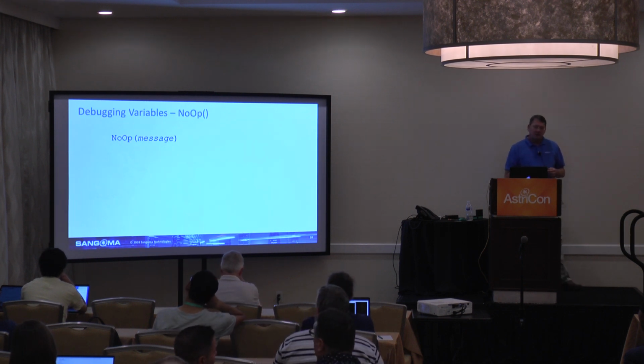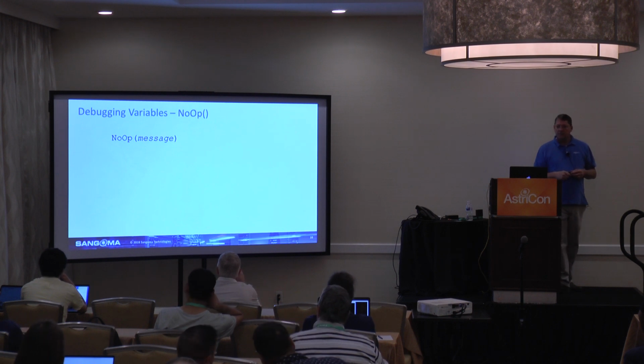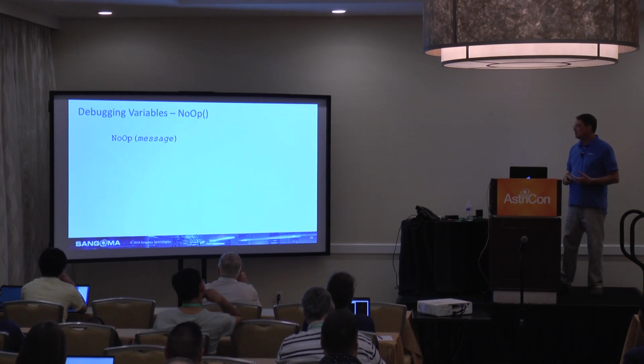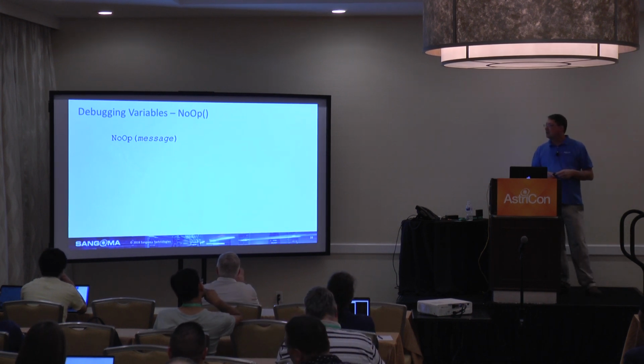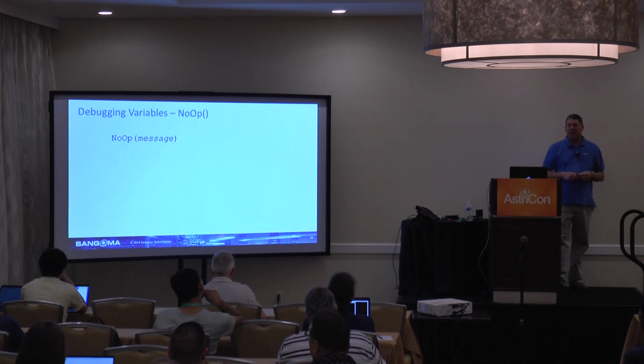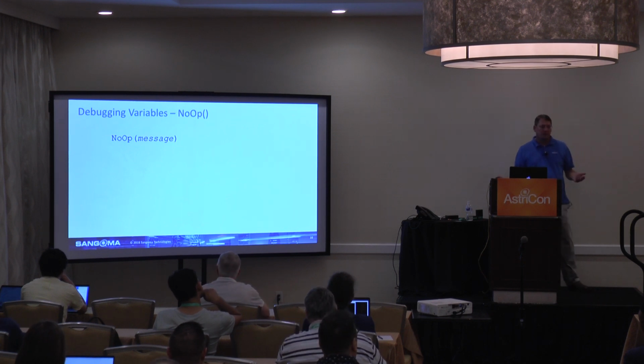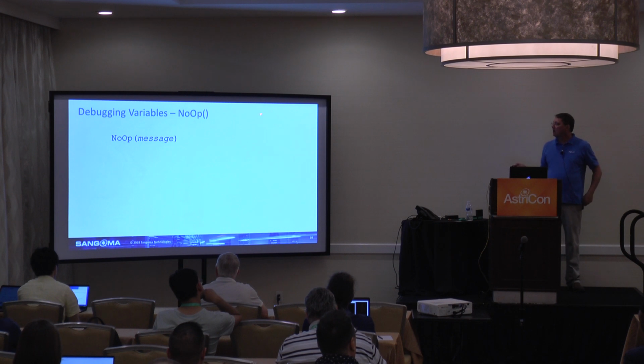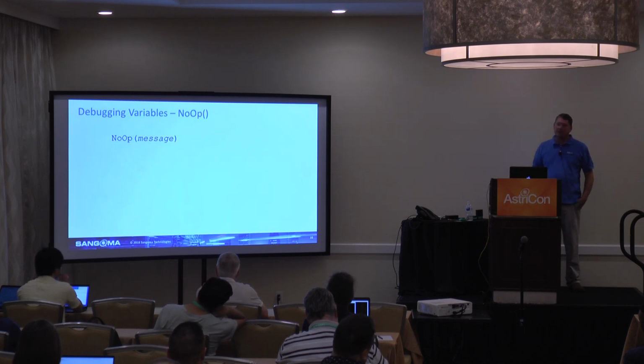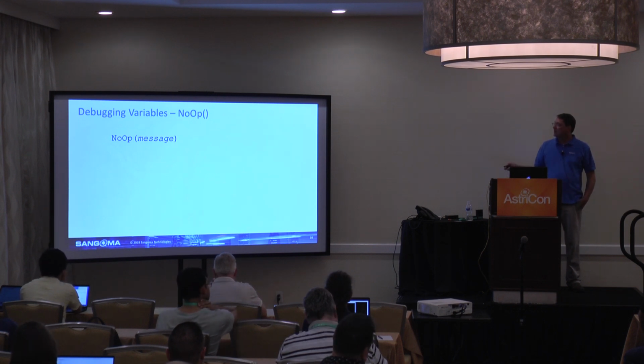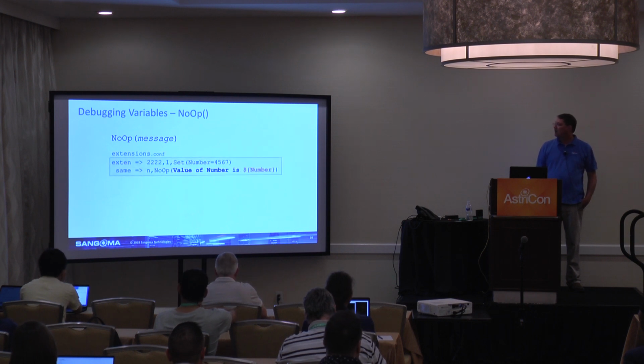So we kind of saw this earlier. For debugging dial plan, you can use the no-op application, and that does nothing to the phone call itself. All it does is spit out in the command line interface whatever's the argument to that application. In this case, it would print out message in the CLI.